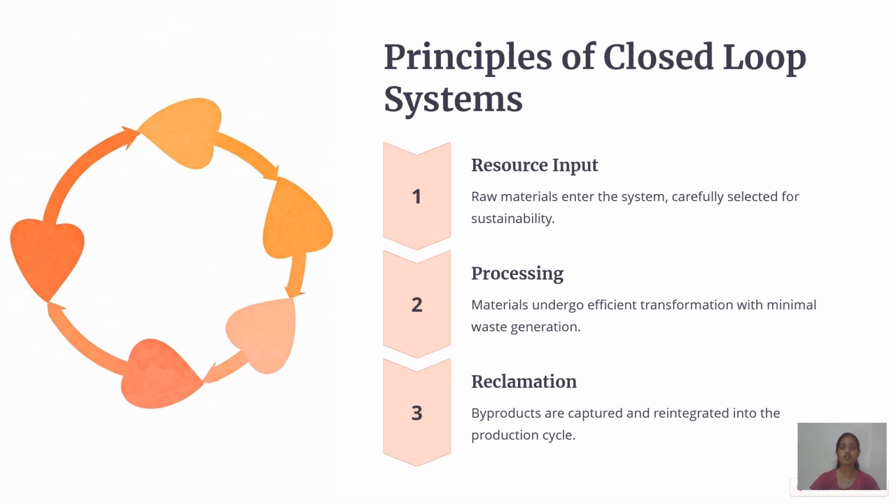So the principles of closed loop systems will include resource recovery, recycling, and waste minimization. So this model will contrast with traditional take, make, dispose approaches. So this will promote regenerative waste-free cycle. So this is widely applied in major sectors like manufacturing or agriculture.